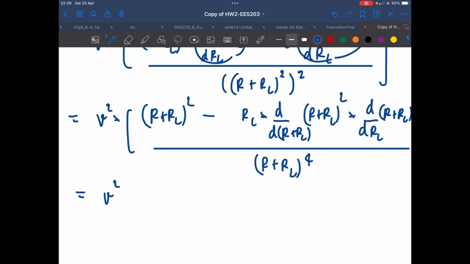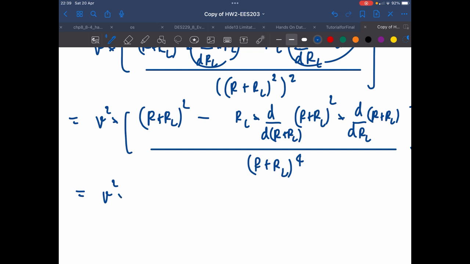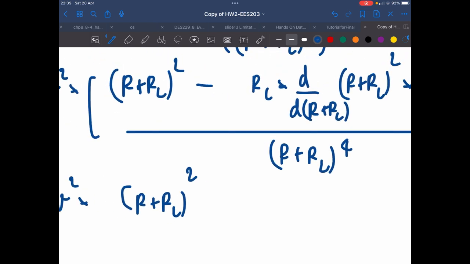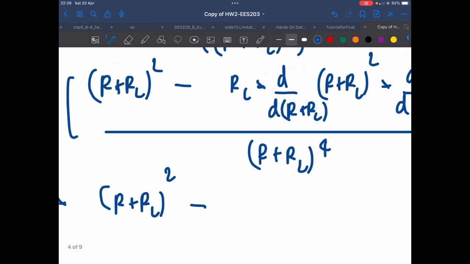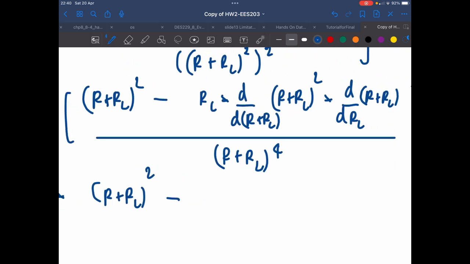Now, what we get here, let's keep this. Do not just expand this formula first, because you will know it in the end.